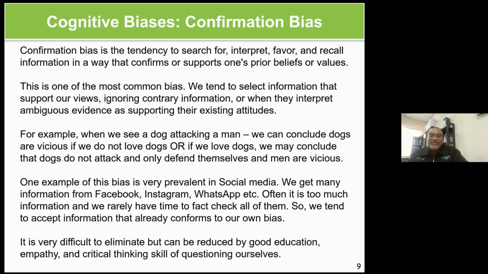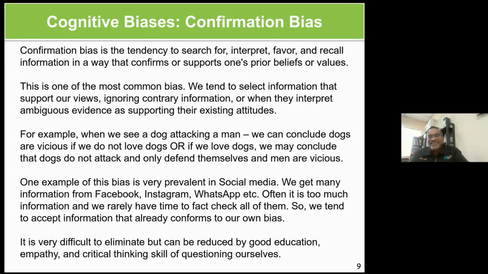You see, all dogs are vicious," right? So you straight away make the assumption or the conclusion, and you do not study that case on a case by case basis, because based on your own set of beliefs, you make the conclusion and you don't think about it anymore, right?